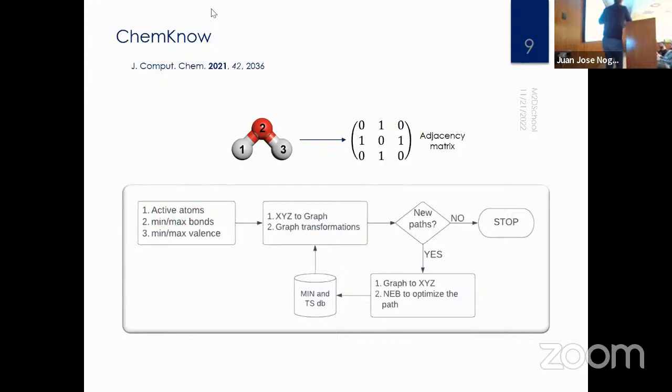Because with MD simulations, you can fix the other atoms, as you said, but I guess this could be better, because here you can constrain your search even more, because you can just define, for instance, the valence of the atoms, and also the maximum and minimum number of bonds.